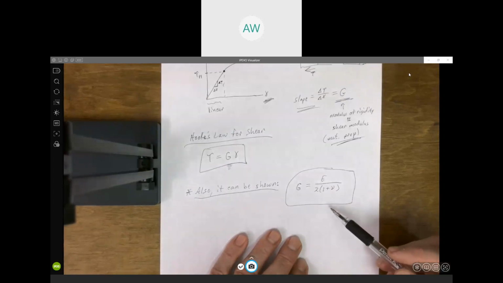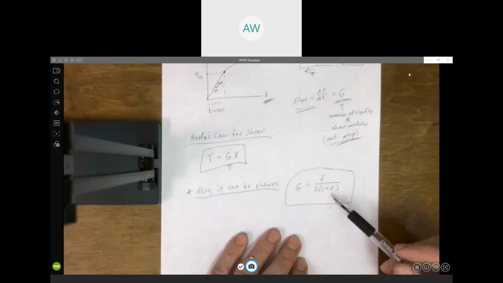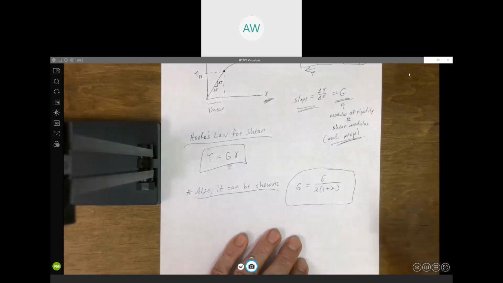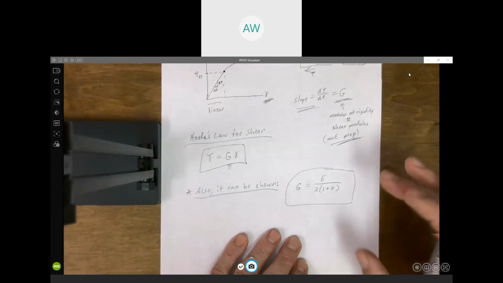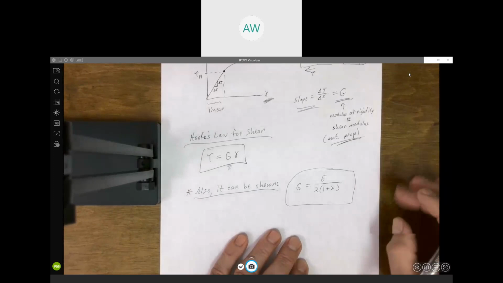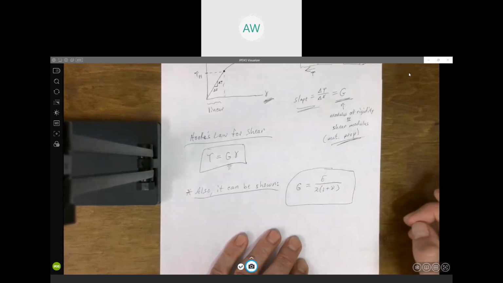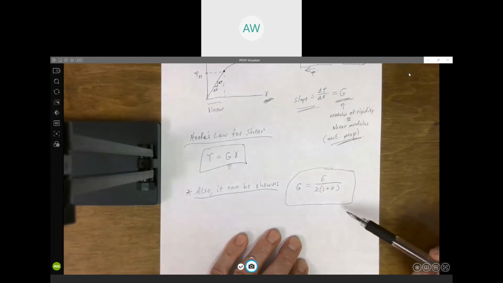I will tell you on the test, there will be no problem that would require you to use this formula. So it's something to be aware of, and you might find it useful occasionally when you're working a homework problem. But on the test, you would not need this.